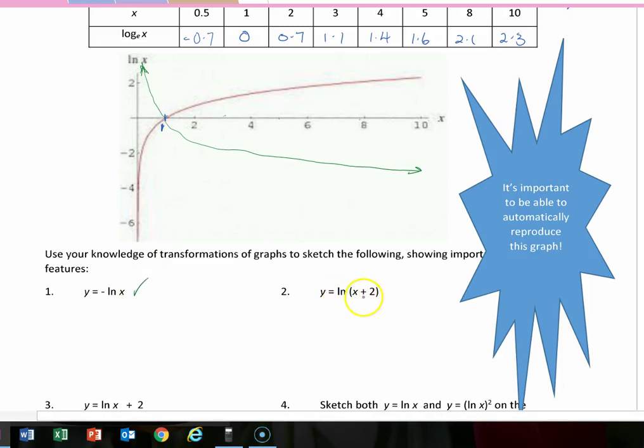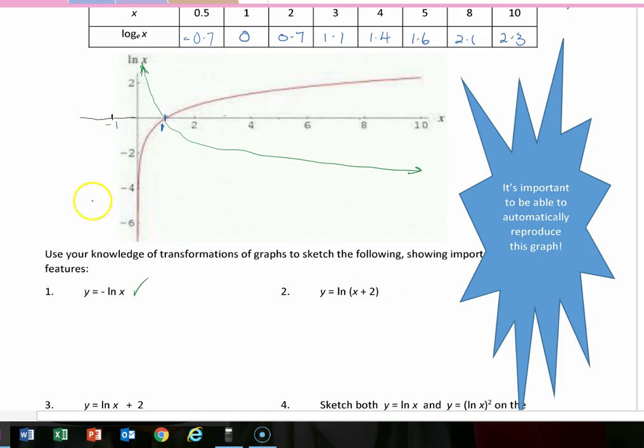So that's this one. y is the log of x plus 2. Well, like it's saying here, remember your transformation. What does adding 2 do to the graph? It pushes it back 2 units. So we would need to extend our x-axis along here. We put in -1 because the graph's going to move back 2 units.